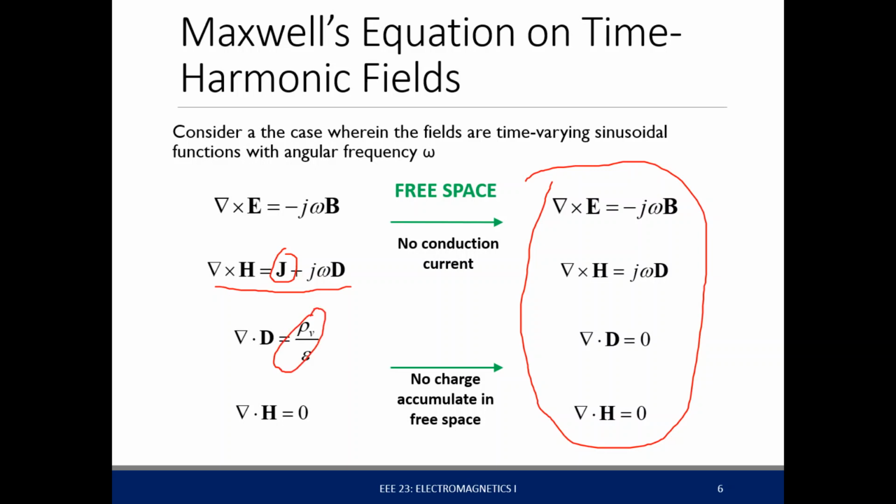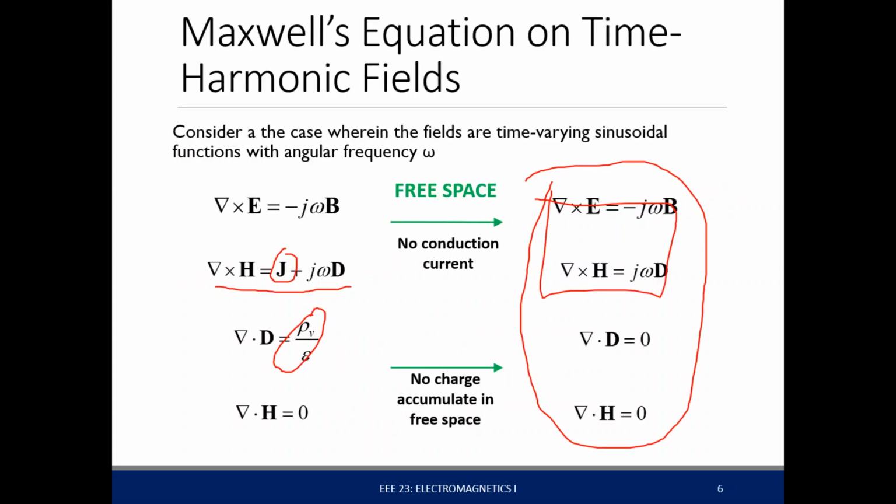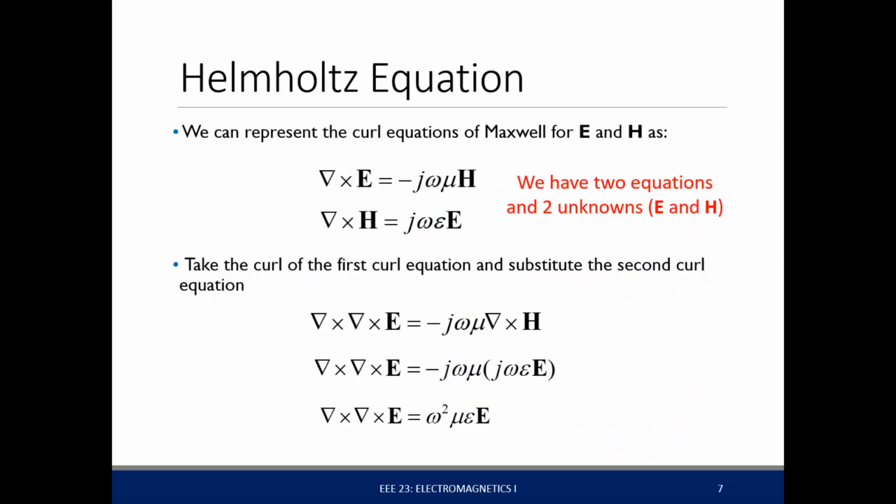So with this, let's consider the first two. We just want to relate our electric field intensity to our magnetic field intensity, E and H. So B is equal to mu H, and D is equal to epsilon E. That's why you see these two equations right here.